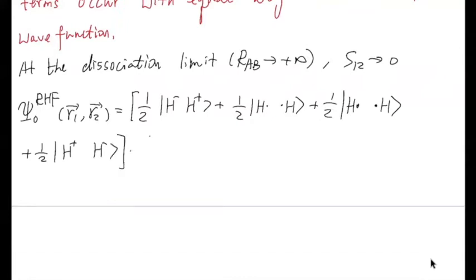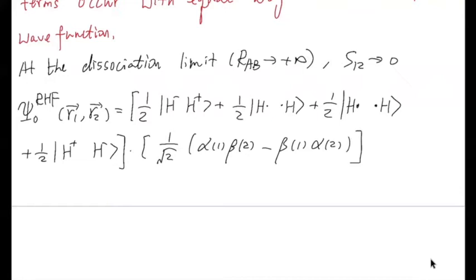Then times the spin part, 1/√2 alpha 1 beta 2, spin up spin down, minus beta 1 alpha 2, right? Of course, here you have 1/2. These are the coefficients in front of the atomic orbitals, right? It comes from the AO coefficient.